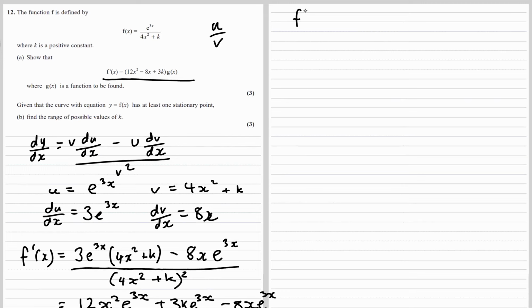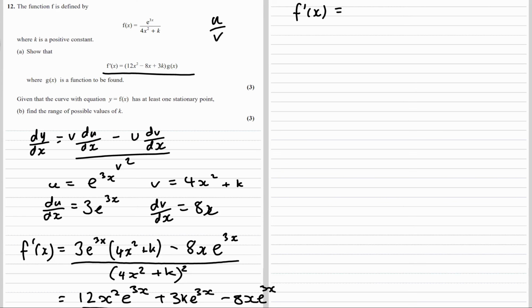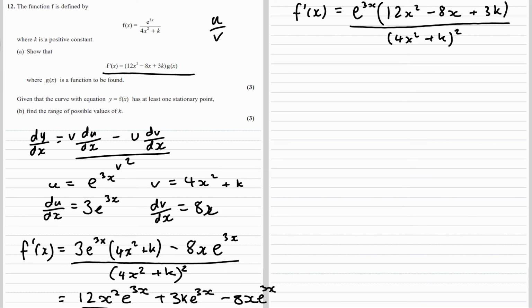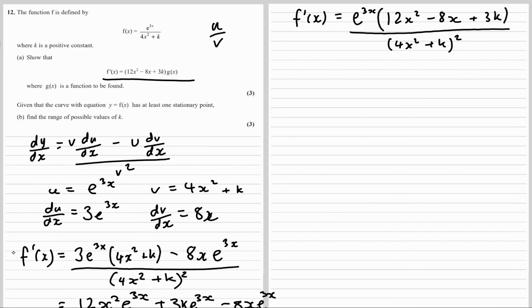So f dash of x, if we're factorizing out e^(3x), just looking at our top line there, e^(3x) on the outside, we can have 12x squared minus 8x plus 3k all over 4x squared plus k squared. So we've got it in the right form.